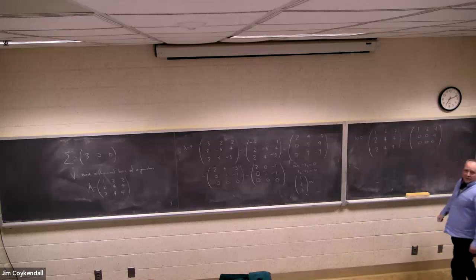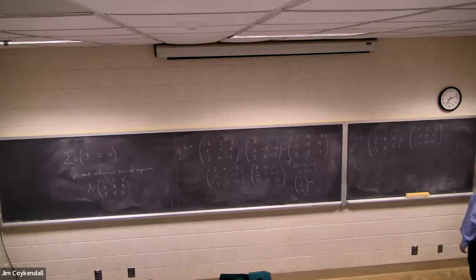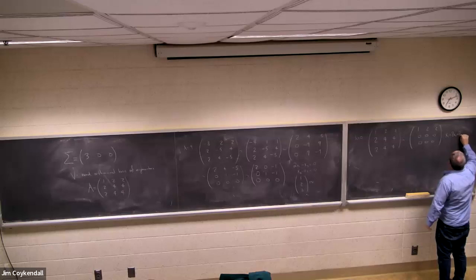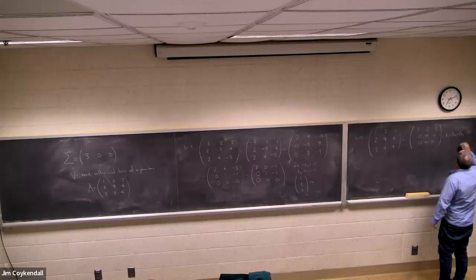How about that, right? I got down to brass tacks pretty quick on that one. So what do I have here? I've got two free variables, x2 and x3. So the equation x1 + 2x2 + 2x3 is 0.